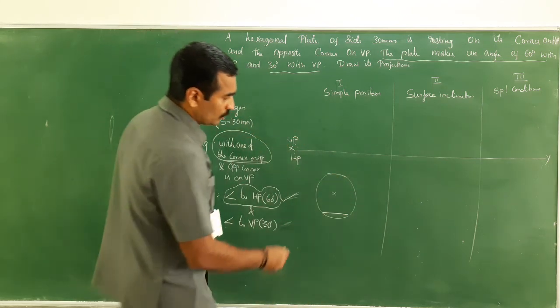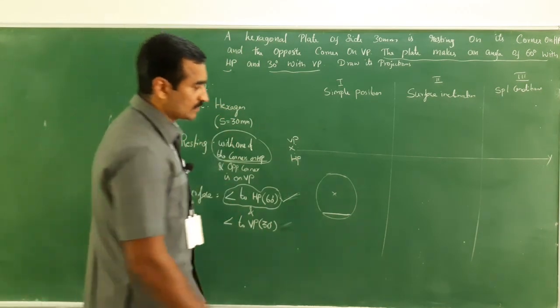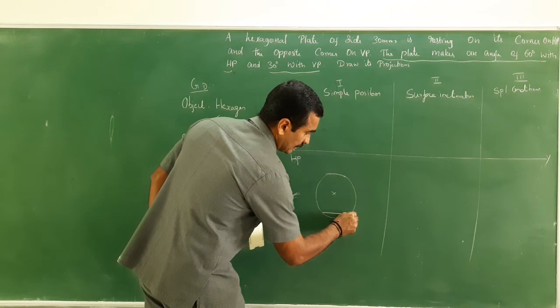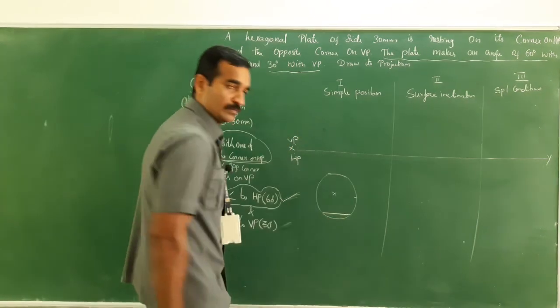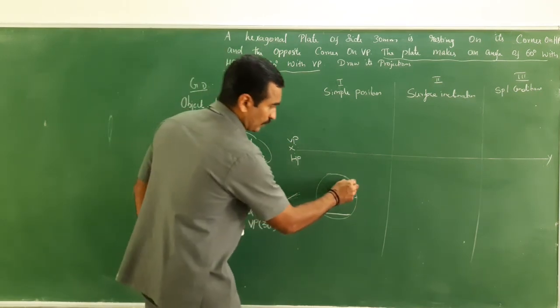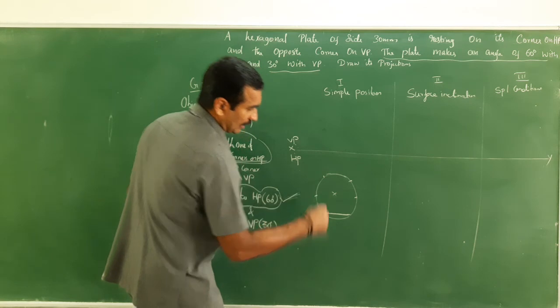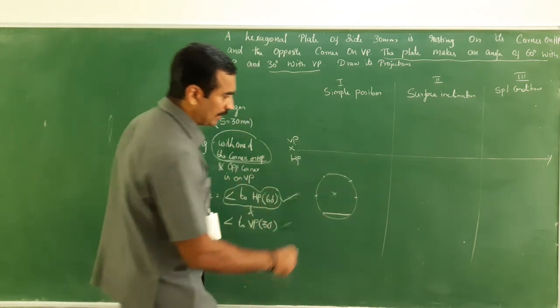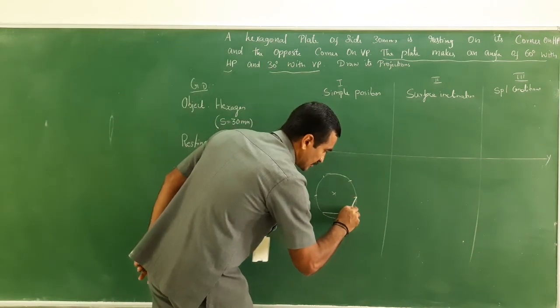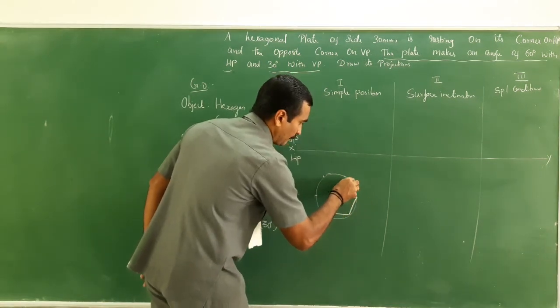Right. Now this is 30 mm. Without changing the radius, you have to cut an arc, and from the intersection point cut an arc, and from the intersection point cut an arc, and again from the intersection point cut an arc. Now connect all the points traced on the circle using the scale.